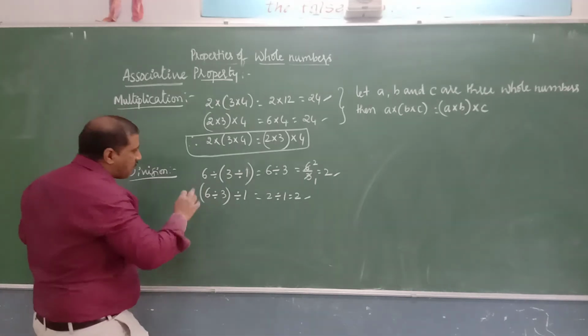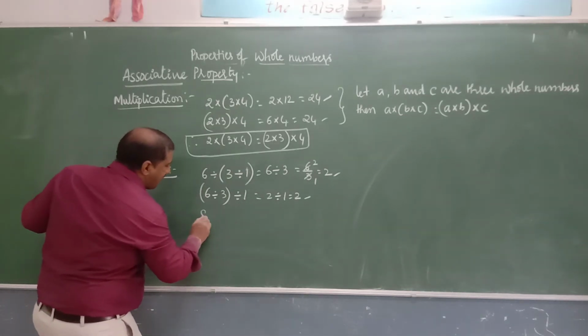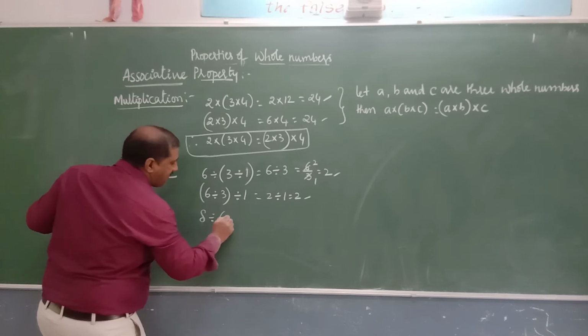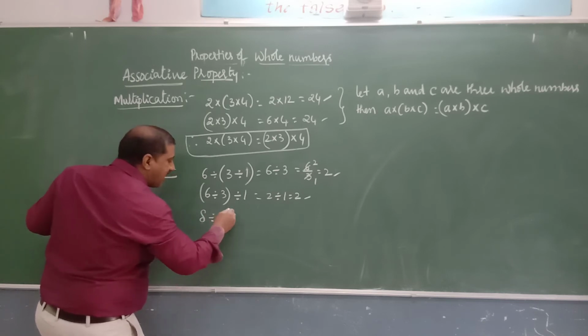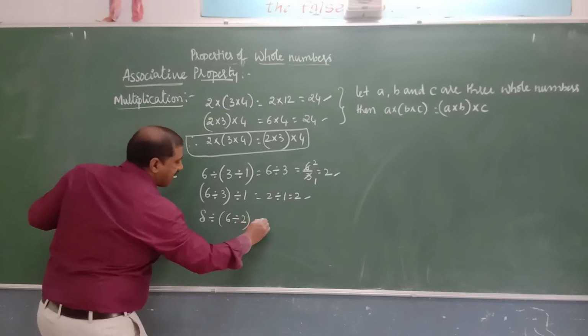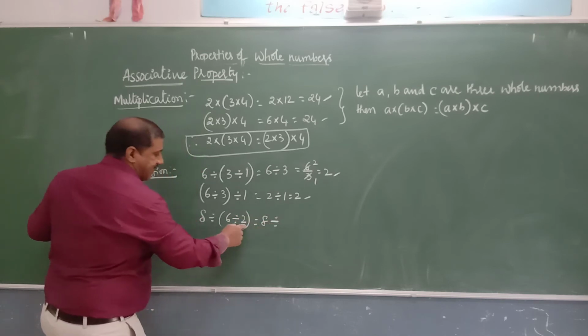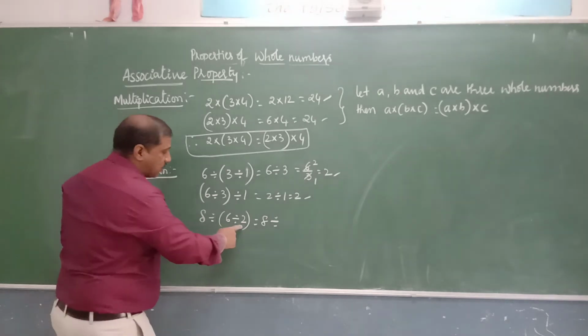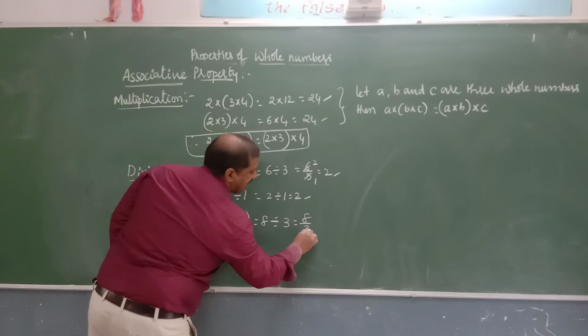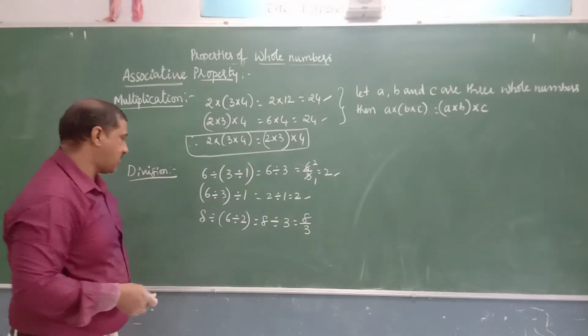Let us take one more example, like 8 divided by (6 divided by 2). Then 6 divided by 2 is equal to 3, and 8 divided by 3 we get 8 by 3 as the quotient.